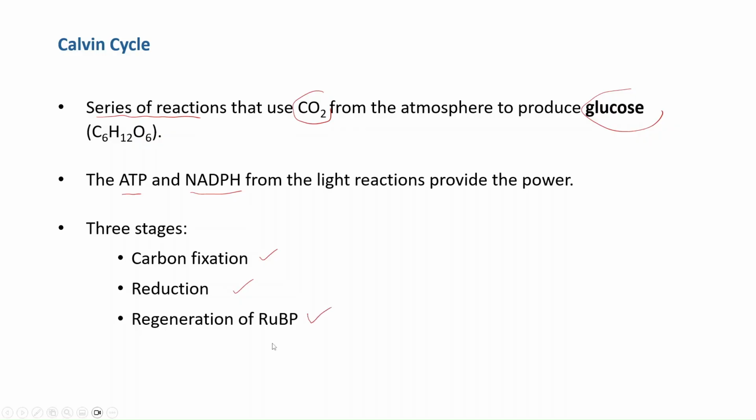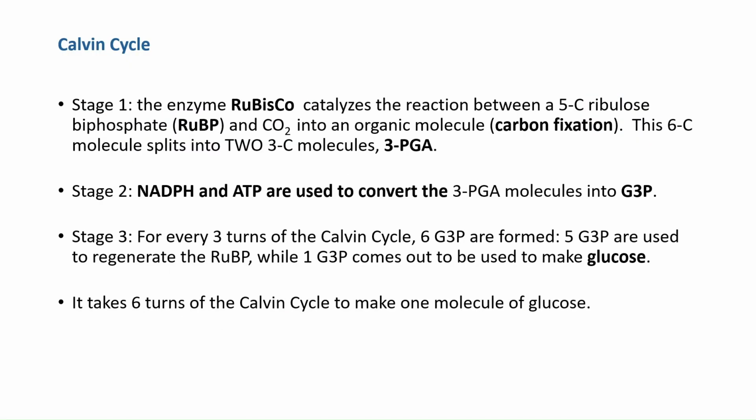Like we said with the Krebs cycle, the first molecule in the cycle to react will have to be regenerated at the end so the cycle can continue. So the first stage, you have a 5-carbon molecule called ribulose biphosphate binds to carbon dioxide, and that reaction is catalyzed by an enzyme called RuBisCo.